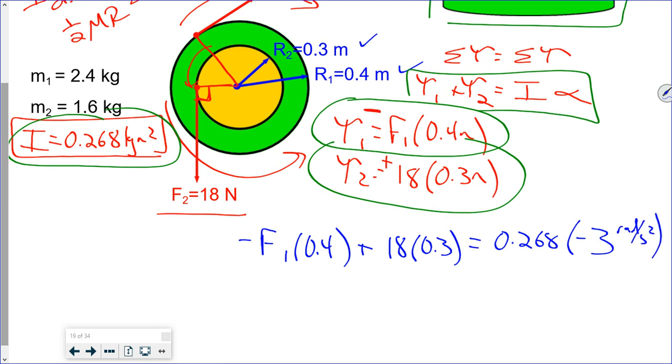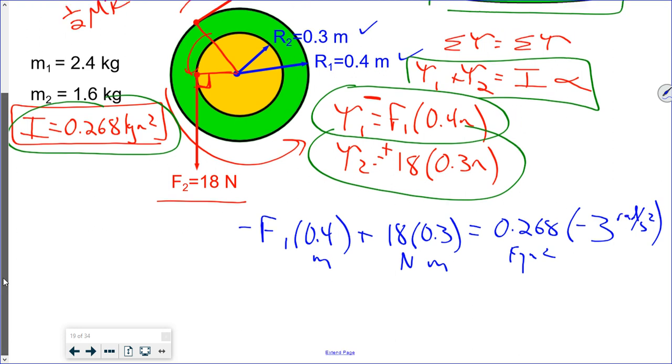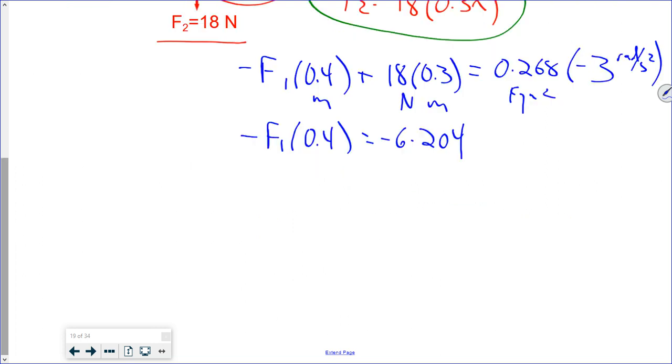This is meters, newtons, meters, kilogram meters squared, and solve for your unknown. If you algebraify all of this mess, you end up getting that negative F1 times 0.4 equals negative 6.204, which if you then divide, you will discover that force 1 is 15.51 newtons.